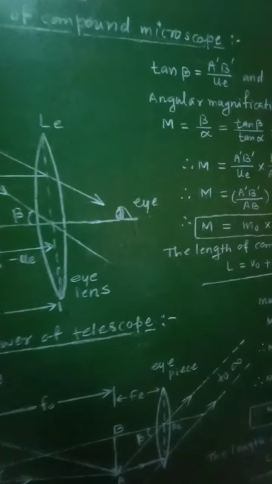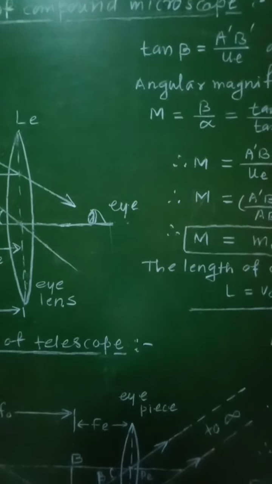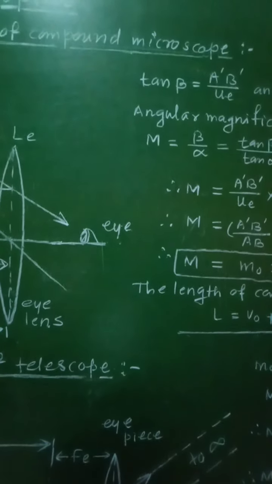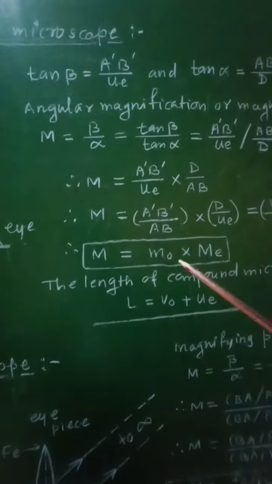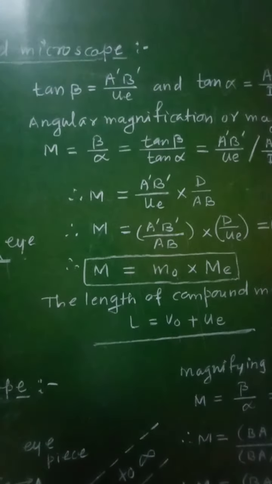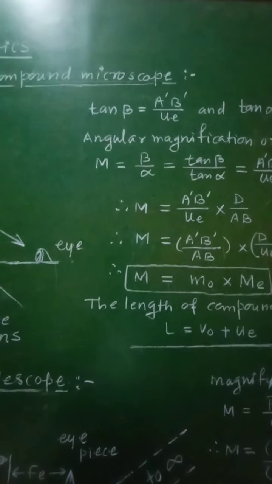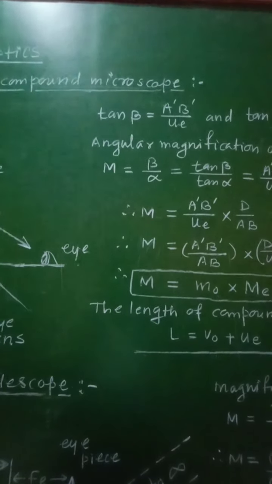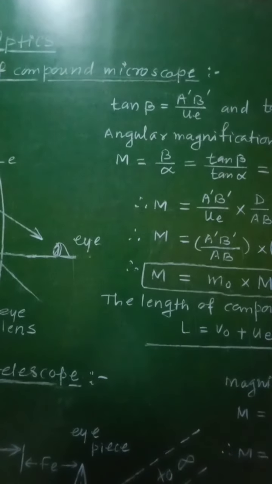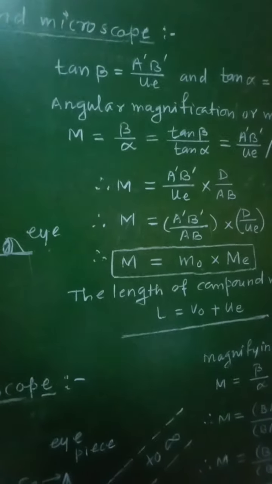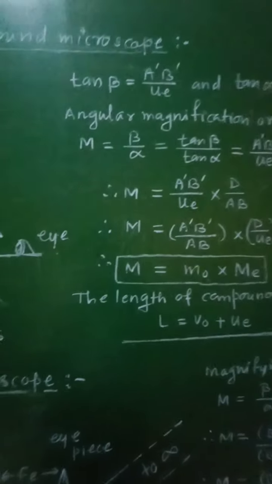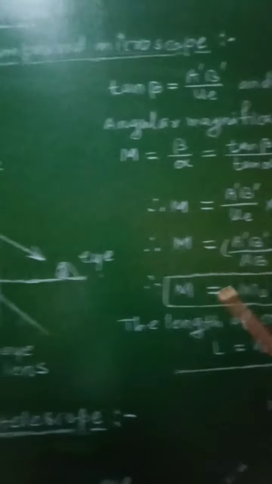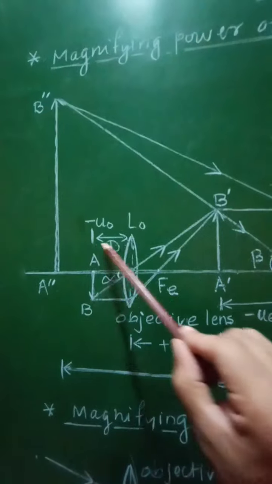So if you consider this compound microscope, then we can state some remarks. The first remark will be, to increase MO, that is the linear magnification of the objective, we need to decrease UO, and hence the object comes closer and closer to the objective, because to increase this MO, this distance UO will be decreased.